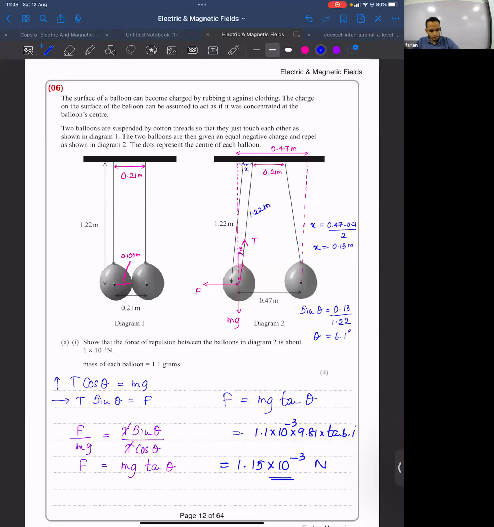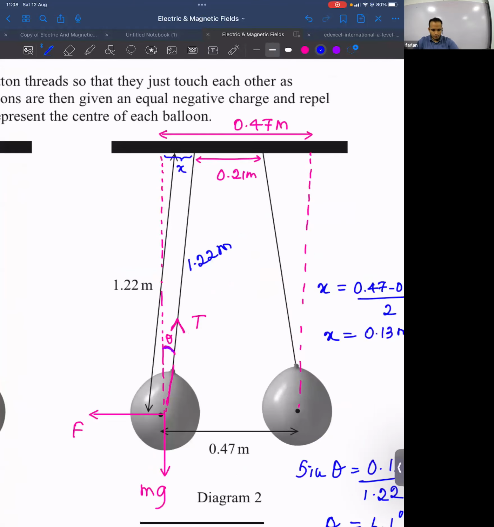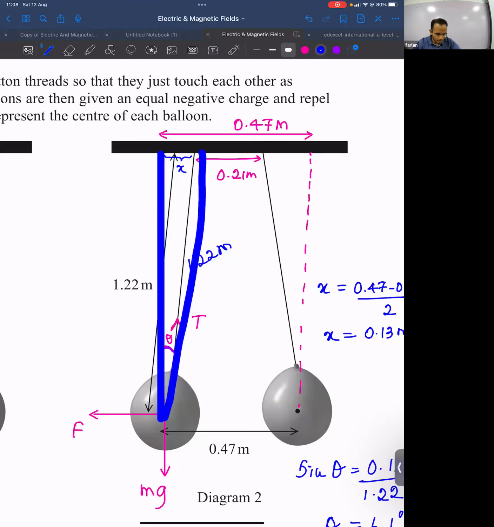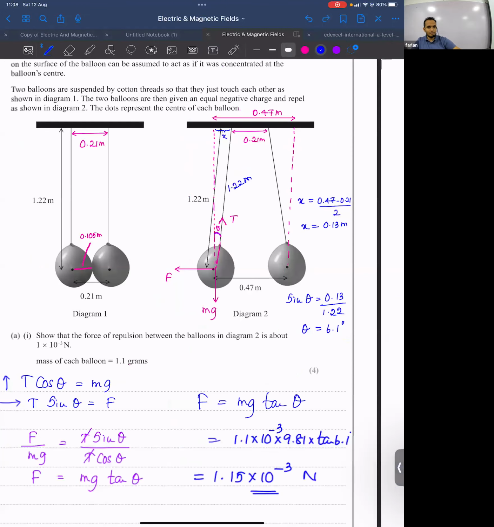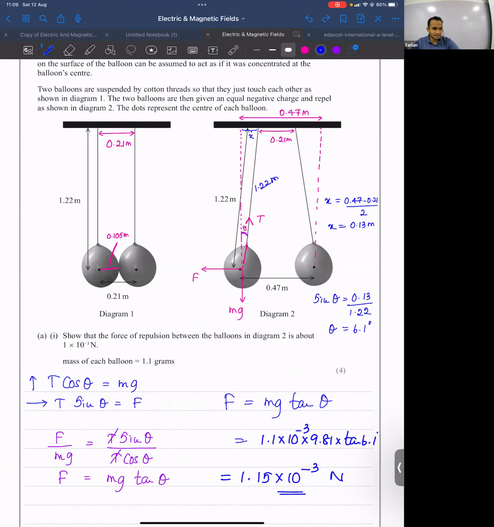No, what you're taking, the L in that case has to be this length, no? That is not 1.22. What is given as 1.22 is this one, from here to here. There's a small difference. You might be getting a very close answer, not the exact answer.